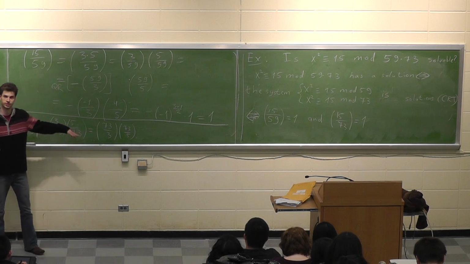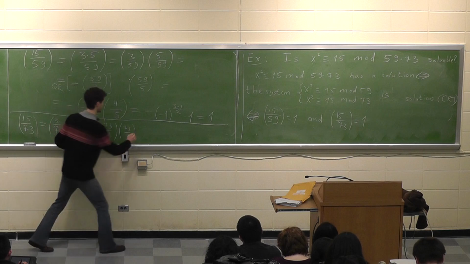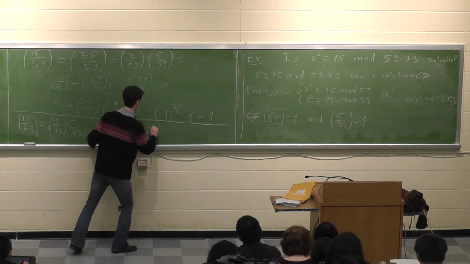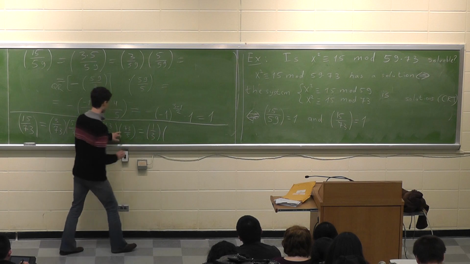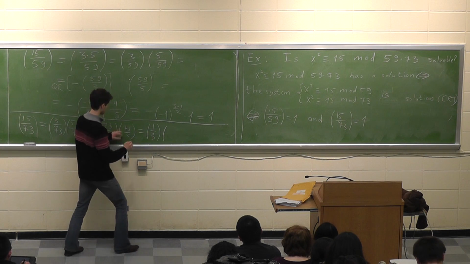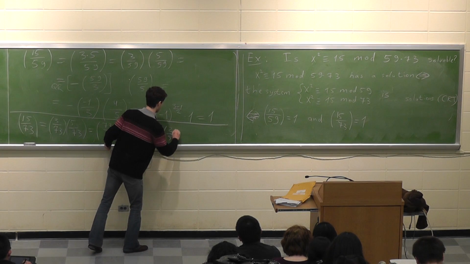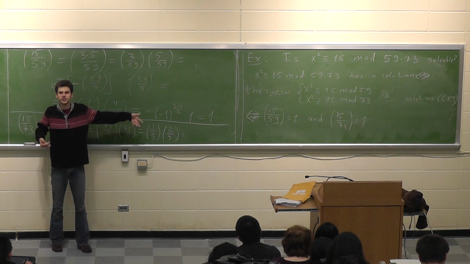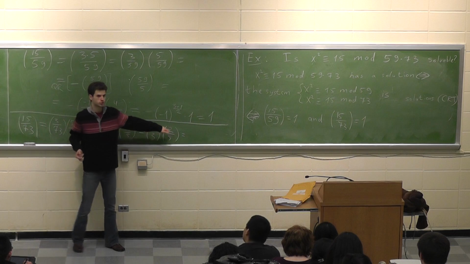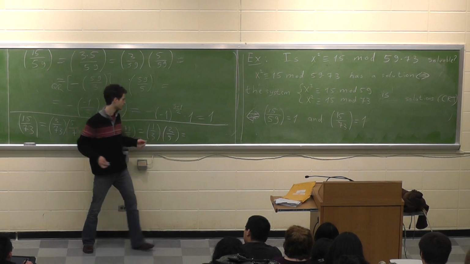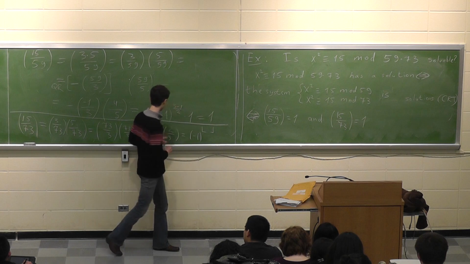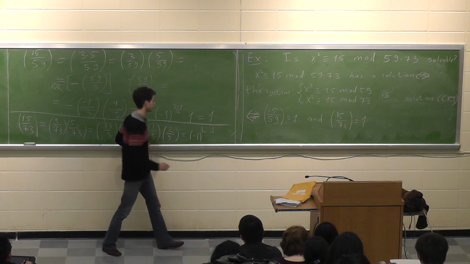Replace it by the residues modulo 3 and modulo 5. 1 and 5. Oh, wait, sorry, 2. 1 is a square because it's 1 squared. 2 is, well, let's compute by our formula, minus 1 to the power of the integer part of (5 plus 1) over something.